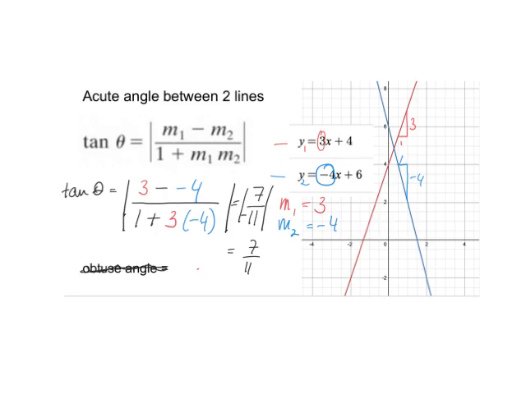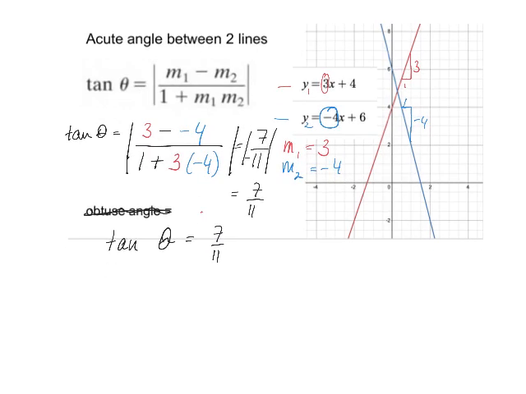Okay, so we now know that tan theta, theta is just like an x for an angle, tan theta is 7 over 11. And in order to now find theta, the angle, we take the inverse tan of 7 over 11.